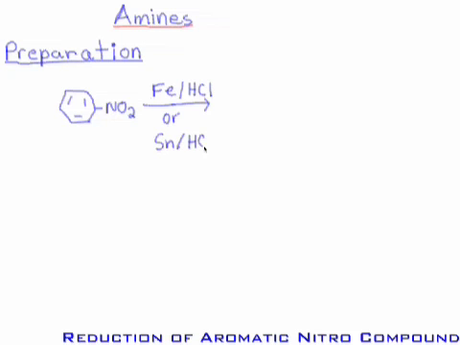Now, what's interesting is the iron or the tin, in conjunction with the HCl, will reduce the oxygen groups down to an NH2, and you'll get an aniline. However, because the reagent is an acid, the aniline will be protonated.